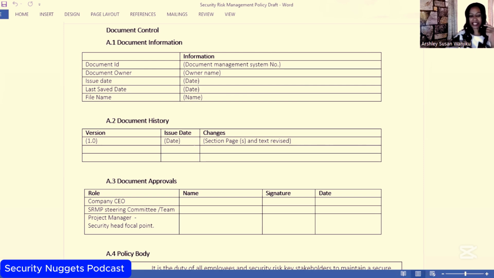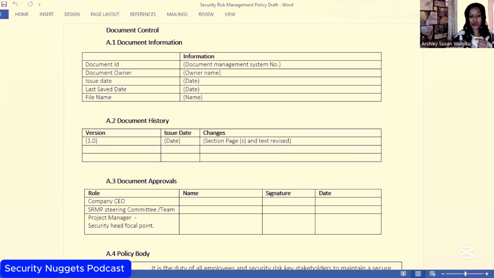By articulating those goals and objectives in a policy and stating its purpose, we are able to do that. So this is a very important document, all right? We need to give it good attention and make sure that nothing is left out. We have incorporated all the necessary sections within it, okay?